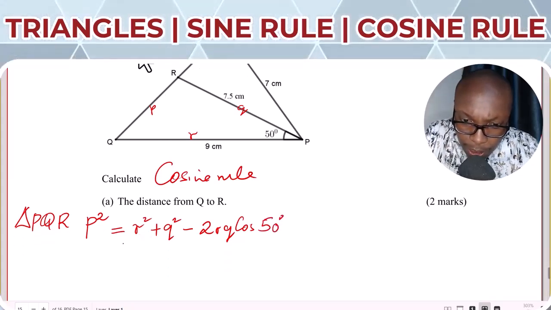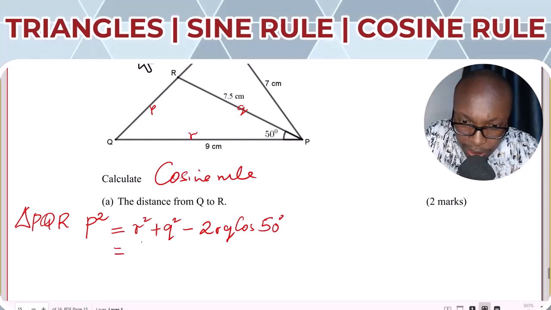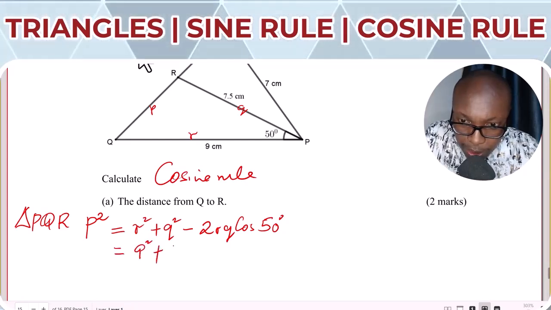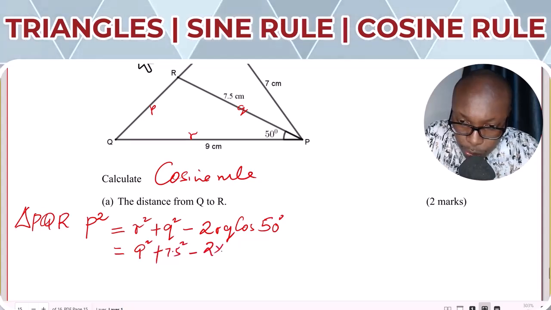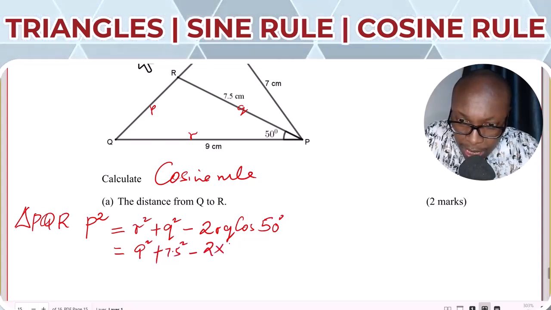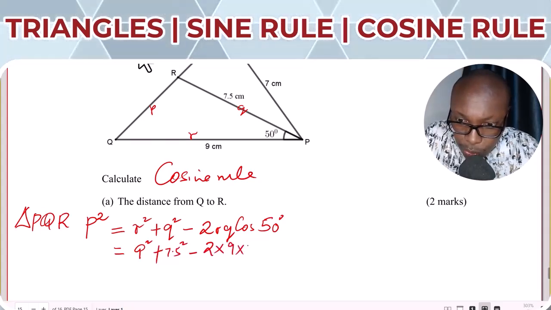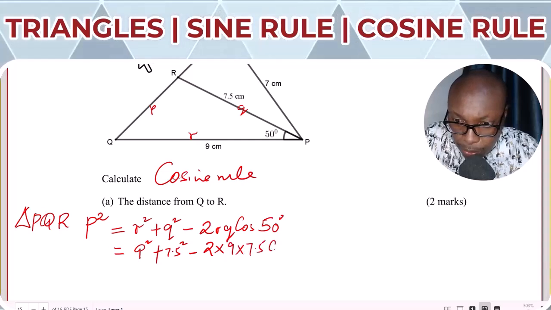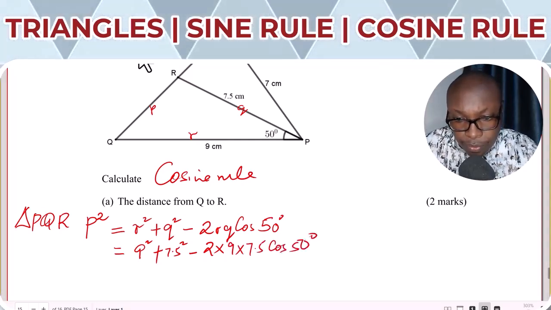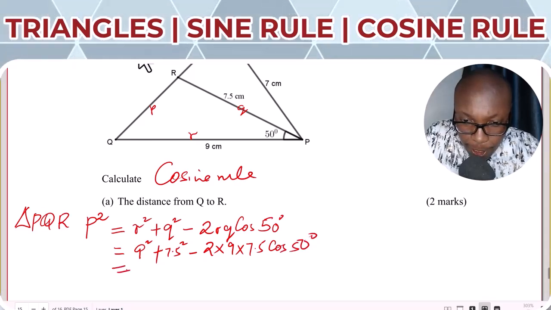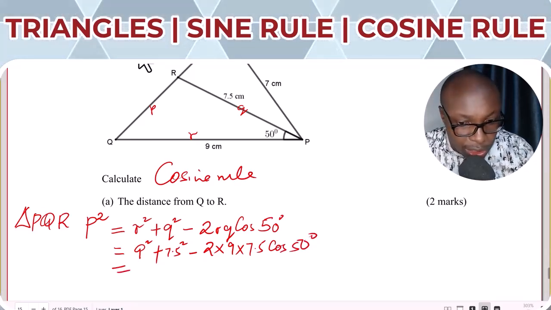So let me work out this. So r squared is 9 squared plus q squared, that is 7.5 squared. Subtract 2 multiplied by r, which is 9, times q, which is 7.5, multiplied by the cosine of 50 degrees. So from there, you can use your calculator to work out these.